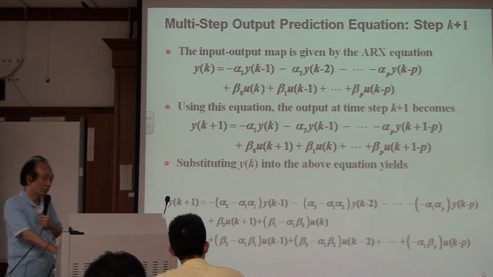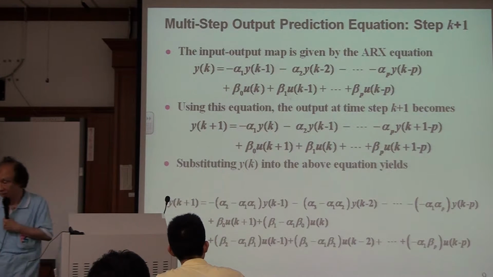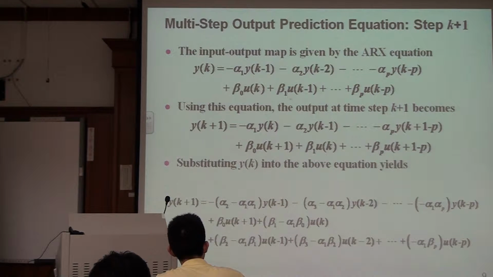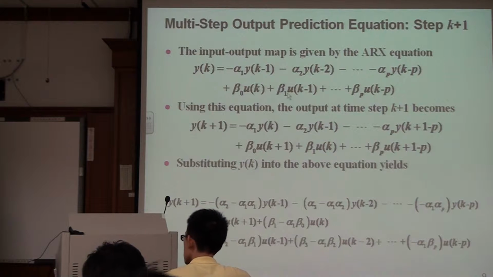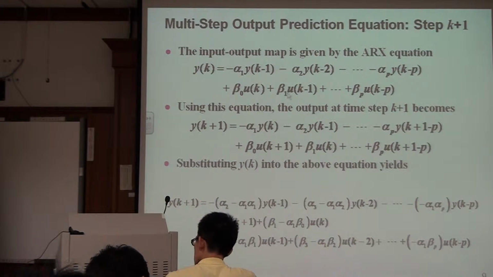Plus, you got to watch out for the dimension of alpha and beta. Alpha is always a square matrix.